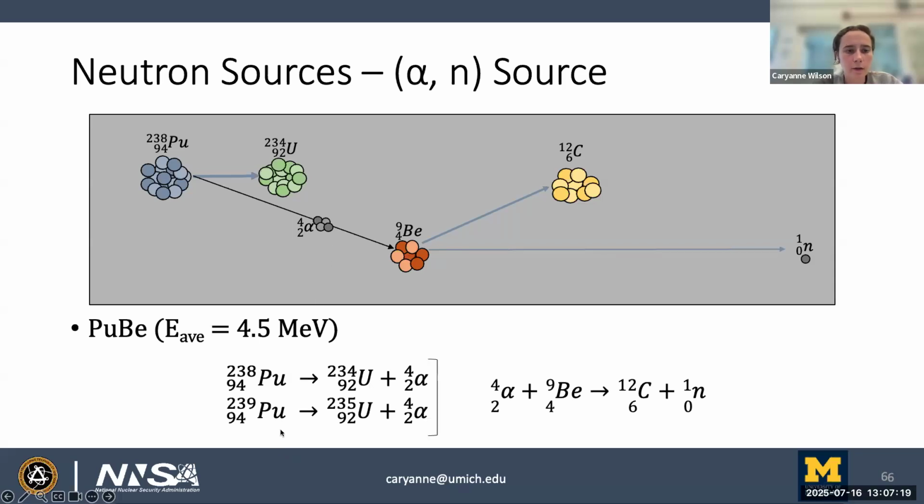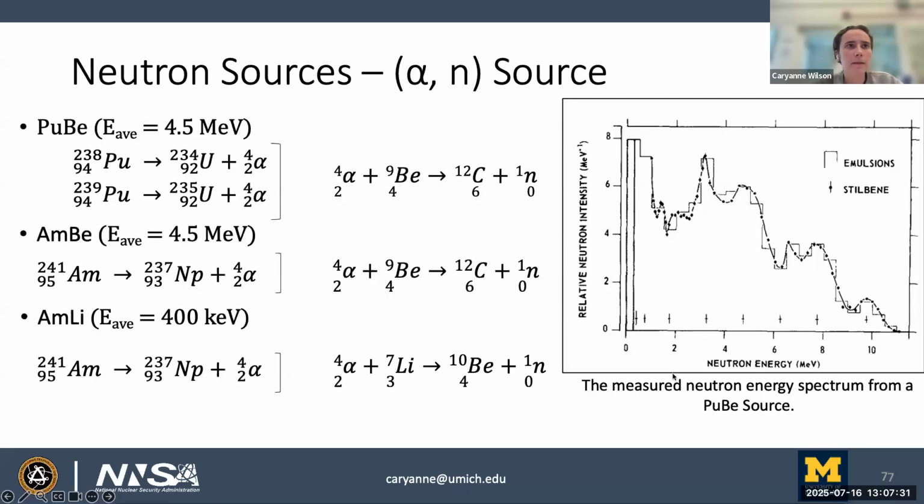The plutonium alpha decays into a uranium isotope and an alpha particle. And then that alpha will interact with the beryllium in the source, leading to carbon-12 and a neutron. These have different energies and typically a spectrum.